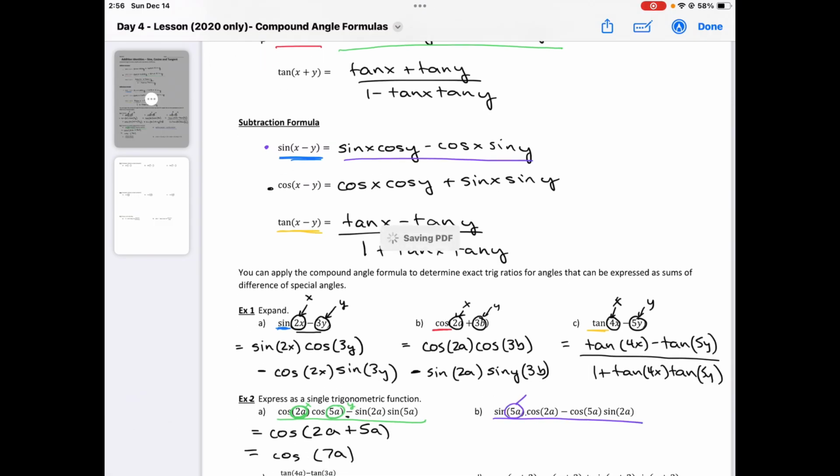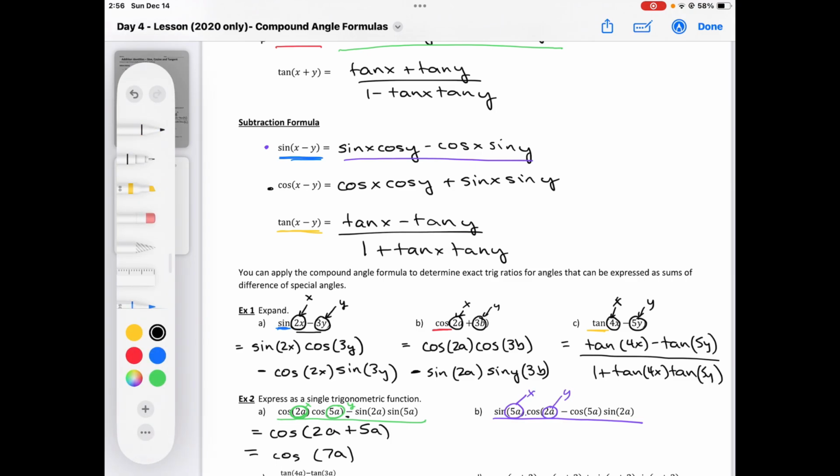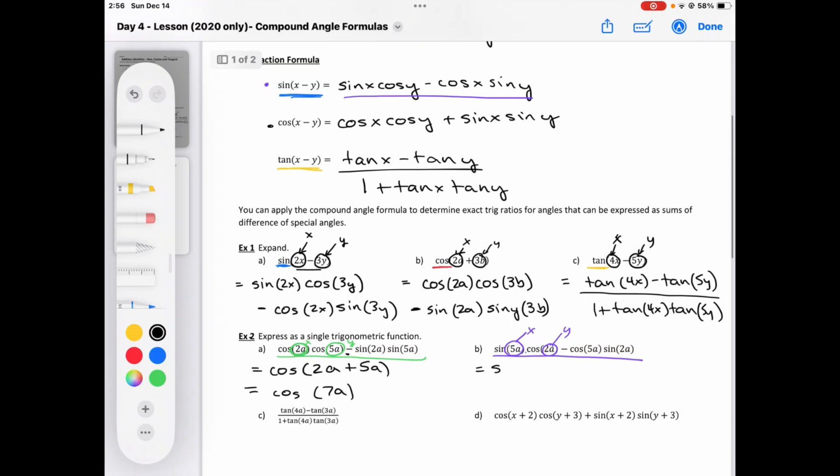And I can use that. This is my x term, and this one is my y term, and I can use that identity to consolidate into sine of x minus y, which finishes off as sine of 3a.